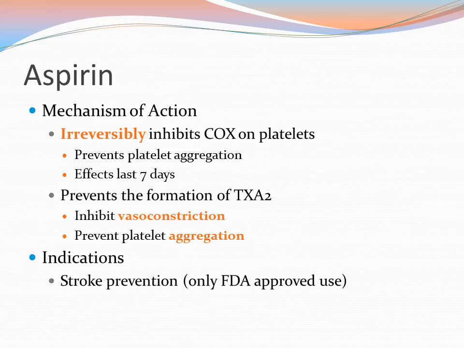When this substance is released, it causes platelet aggregation, and it also starts the formation of TXA2. So by blocking COX, it prevents platelet aggregation, and because it's irreversible, it stays on that platelet for the lifespan of that platelet, which happens to be about 1 week.